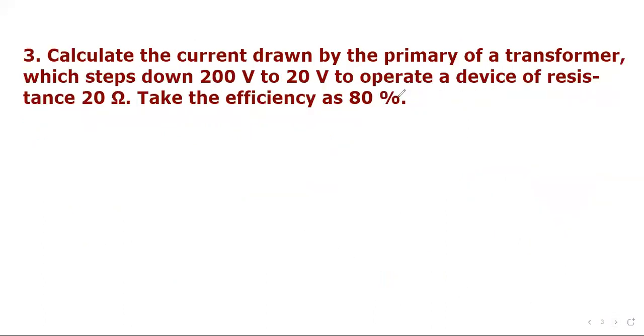Calculate the current drawn by the primary of a transformer which steps down 200 volt to 20 volt to operate a device of resistance 20 ohm, taking the efficiency as 80%.